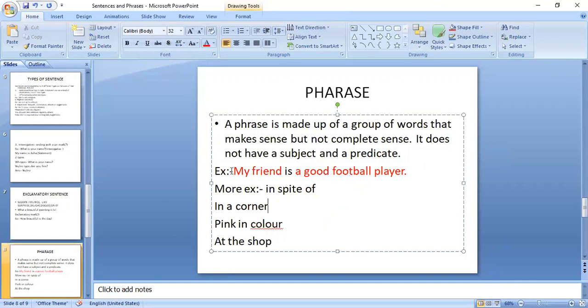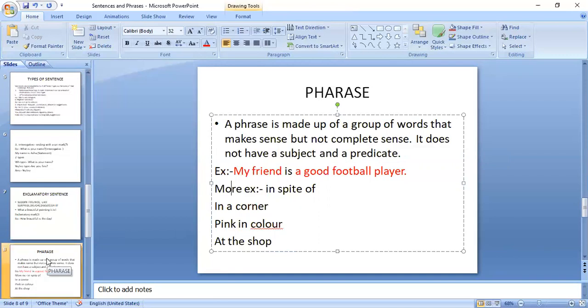First one is my friend, and second one is a good football player. Then we will take some more examples like in spite of, in a corner, pink in color, at the shop. These are some more examples of phrases.